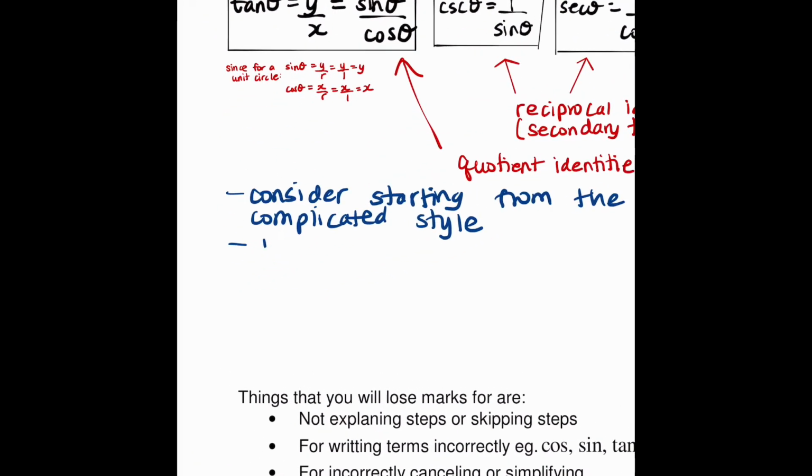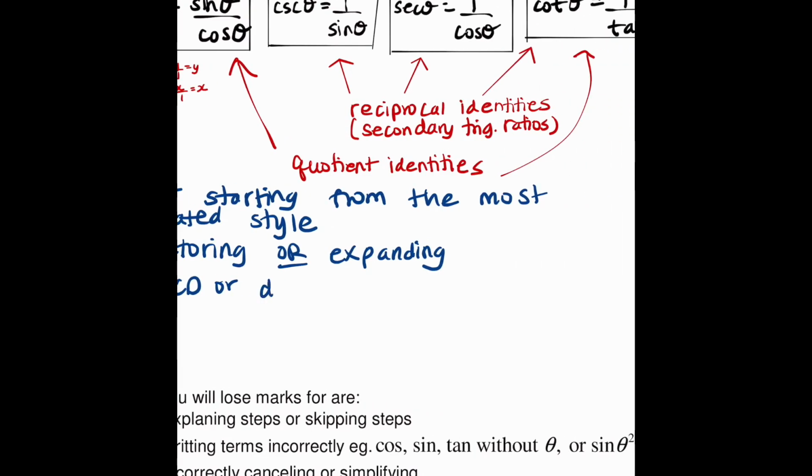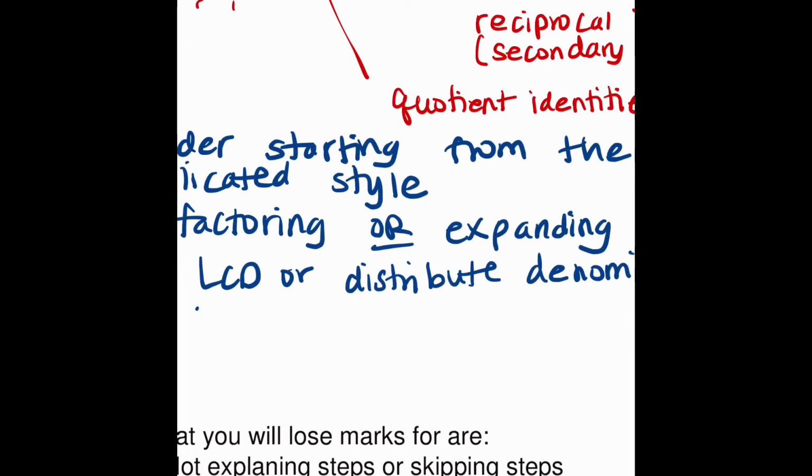And then we have, try factoring or expanding. You could try LCD or distribute the denominator, and that's if you see a potential cancellation.